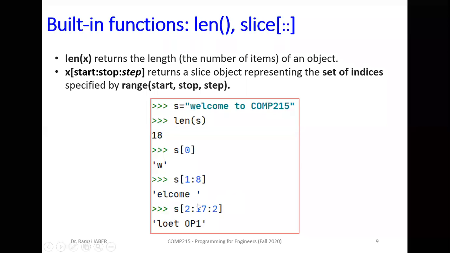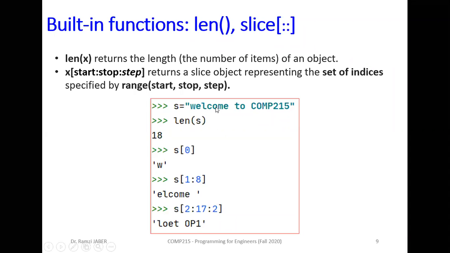Optional. If you write S 2 colon 17 colon 2, this 2 will start from S2 to S16, jump by 2, increment by 2. This is a step here. So S2 will be equal to L, S4, we have plus 2 here.